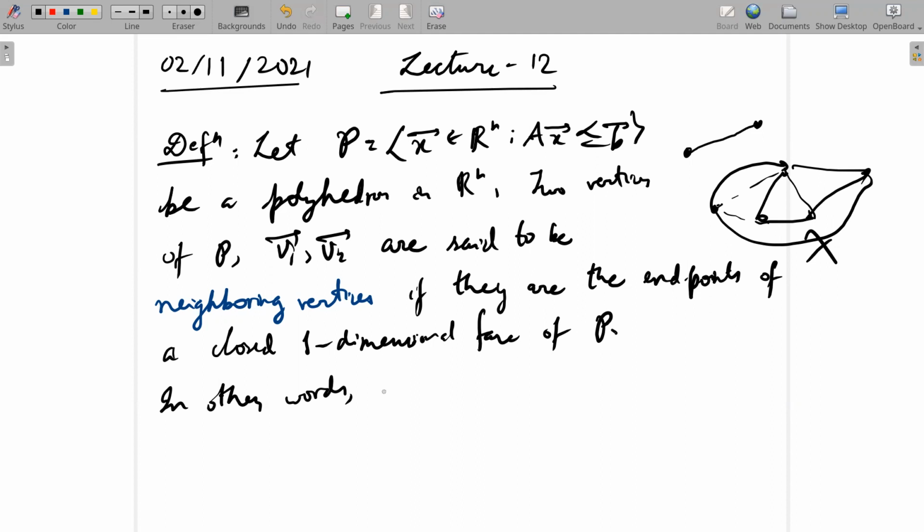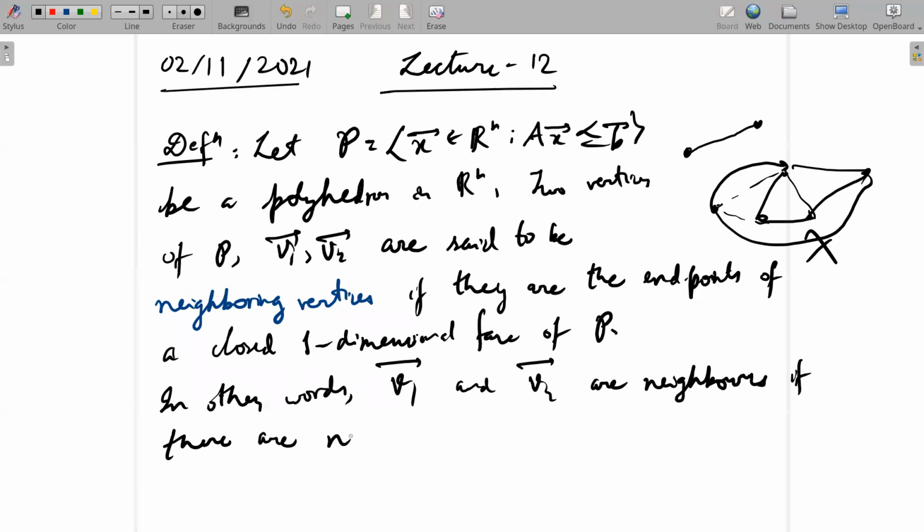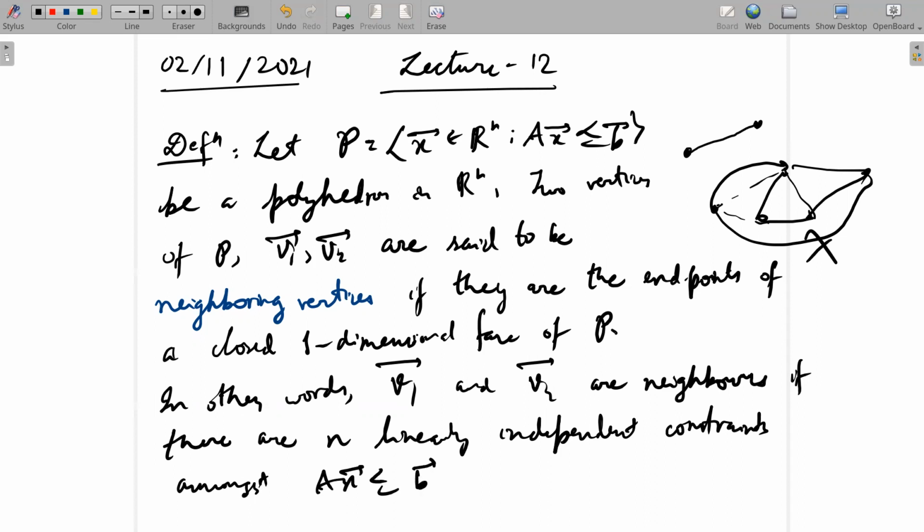So let me just write it out. In other words, V1 and V2 are neighbors if there are n linearly independent constraints amongst Ax less than or equal to b which are tight at V1.